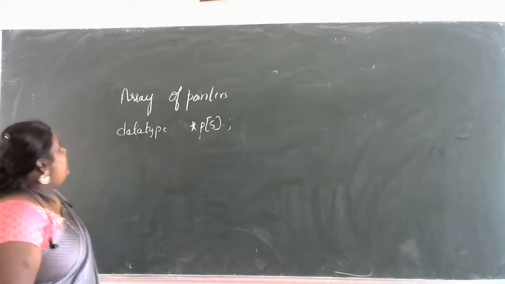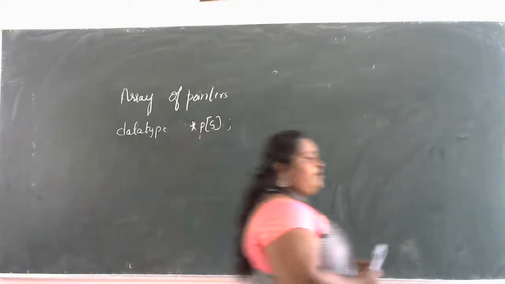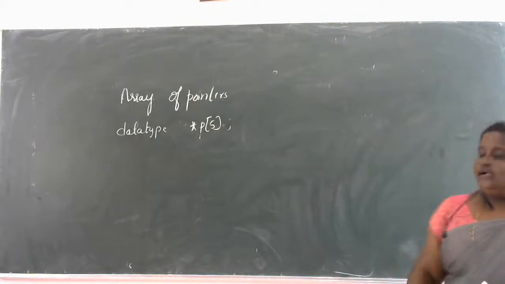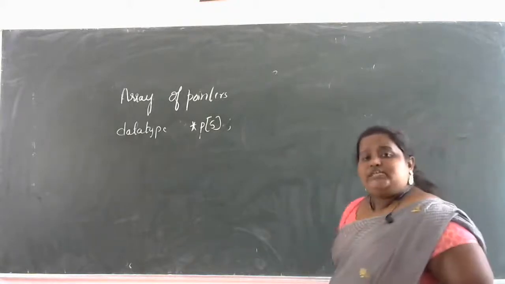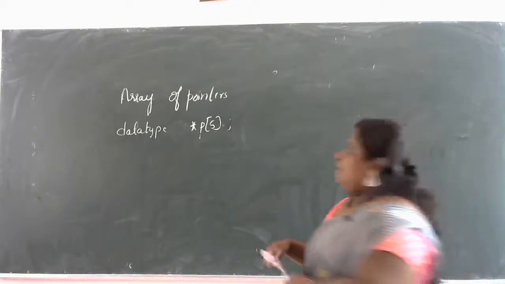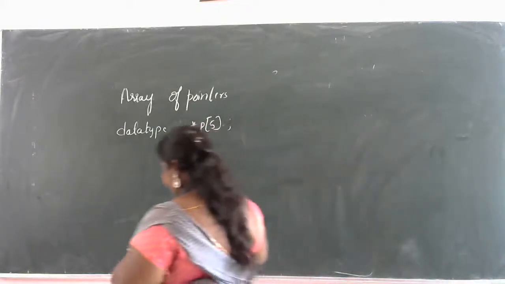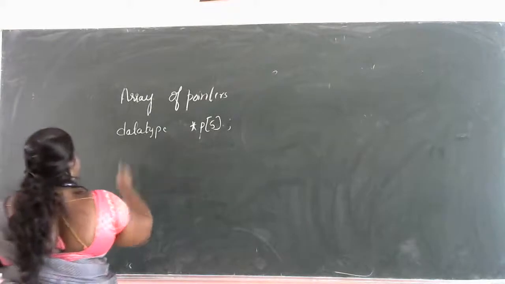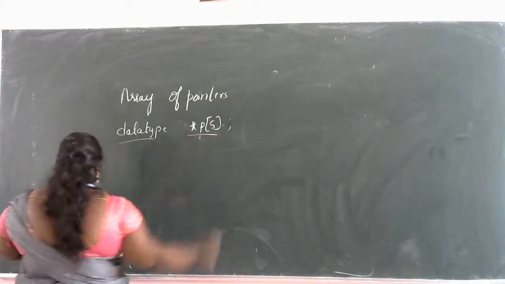How to declare an array of pointers? An array of pointers is a collection of pointers, that is, addresses. What is the syntax? Data type star p of i.